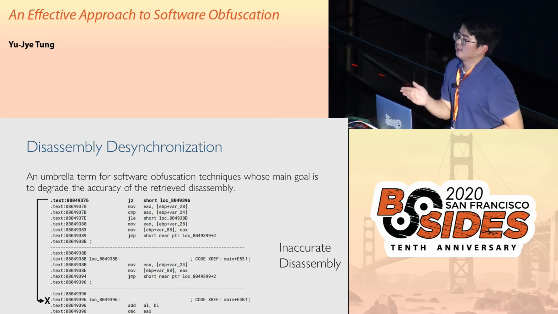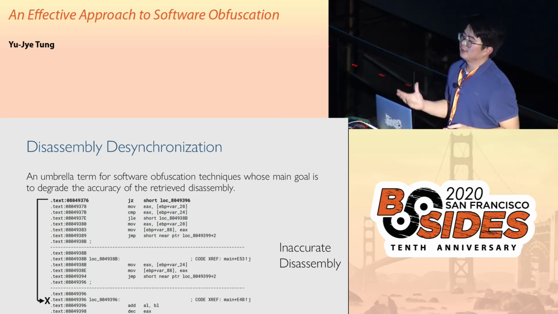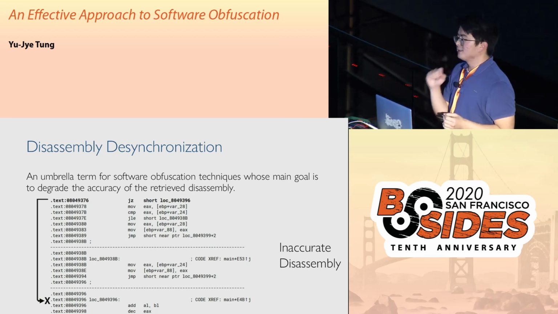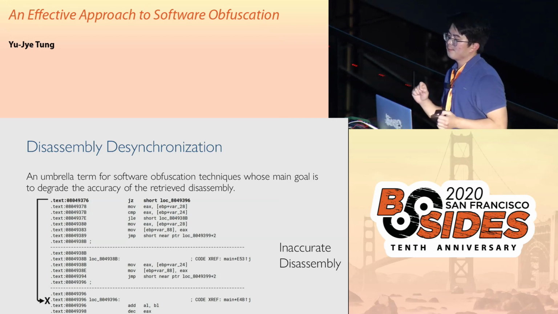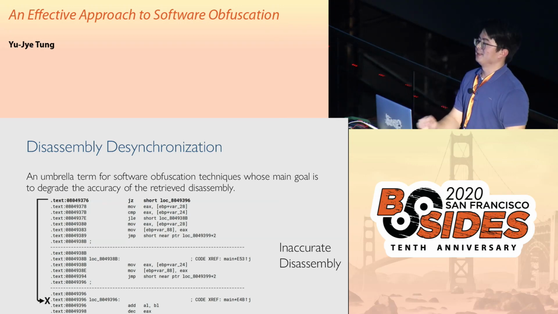But this particular if statement will actually always evaluate to false during runtime. The disassembler does not know that, so it still disassembles the bytes where the arrow is pointing as code instructions, thus inaccurate disassembly.